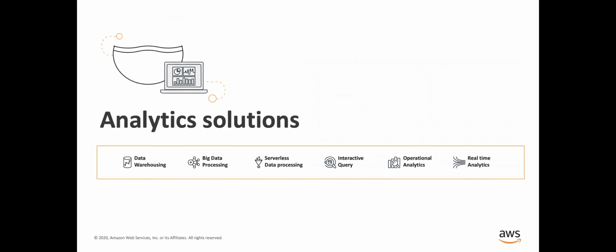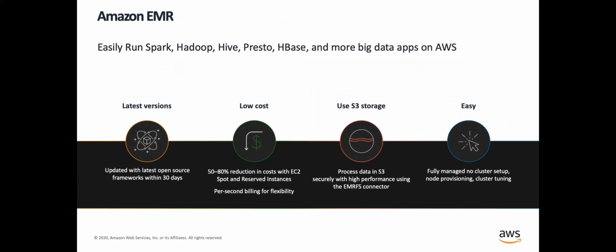So then we'll talk about the analytics solutions. I covered a little bit in the previous slide, but I'll try to emphasize this differently. Amazon EMR stands for Elastic MapReduce. It's a product named in the early days when we had Hadoop, but over time they have added Spark, Presto, and all the other open source software under this offering.